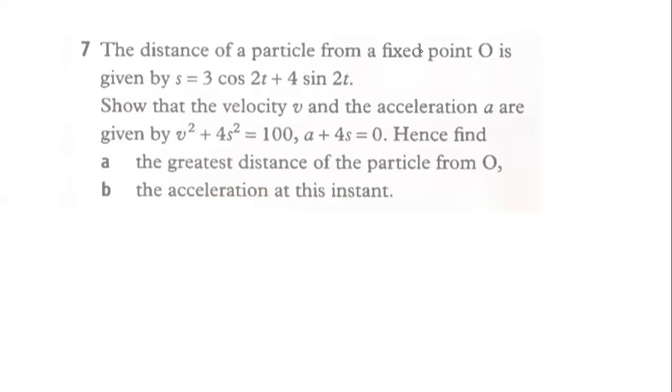Now, when you look here, they are telling us that the distance of a particle from a fixed point O is given by this. Show that the velocity v and acceleration are given by this. Now, members, take note. There are two things they can bring for you. They can bring things of show, they can bring things of proving.